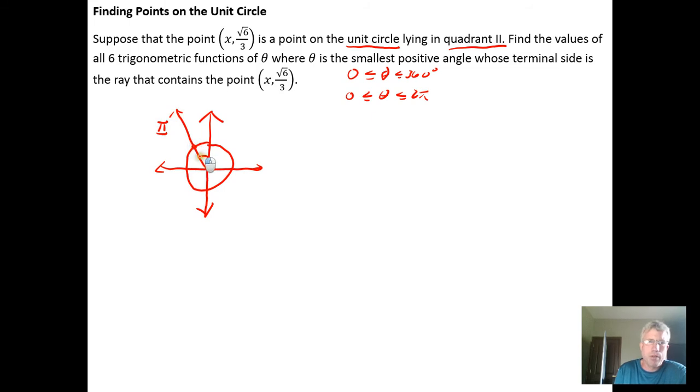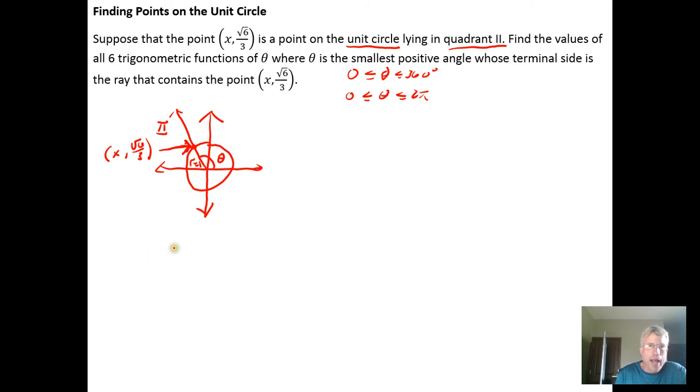Here's our angle theta, and we need to find the trigonometric function values for theta, and we have this point x, comma, root 6 over 3 that's lying on the unit circle right at that point. So the key here is that because we're on the unit circle, we know r is equal to 1.